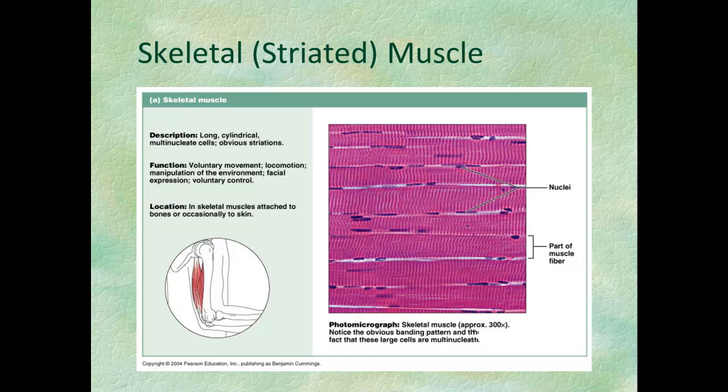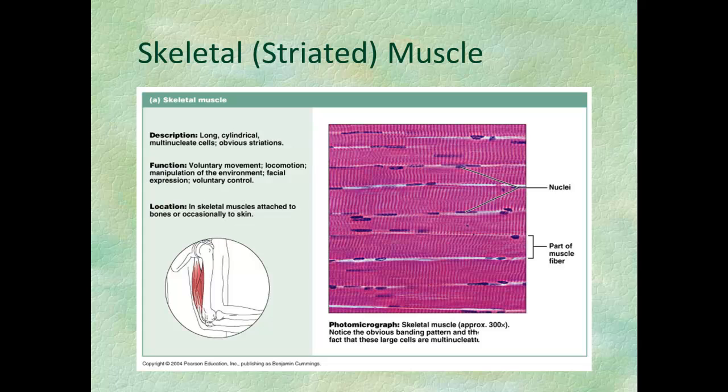Skeletal muscle tissue is the one that we're probably most familiar with. Skeletal muscle tissue is contained in the muscles that we can control with conscious effort, voluntary movement, and is sometimes referred to as voluntary muscle. The cells are long and cylindrical. They look like fibers, and as a result are often referred to as muscle fibers.